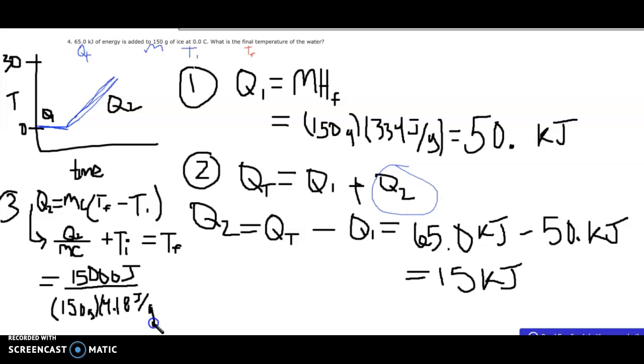per gram. All right, a huge thing here, guys: you have to make sure that your units match. If this is in joules, this has to be in joules. If you want to do it in kilojoules, then by all means convert this one. You just have to keep track of your units. We won't trip you up too much on the test, but it's something to keep in mind. Then plus, we need that initial temperature, which happens to be 0 in this case.